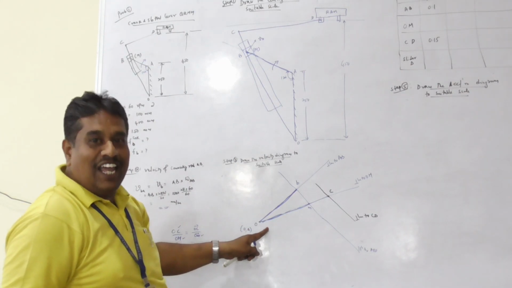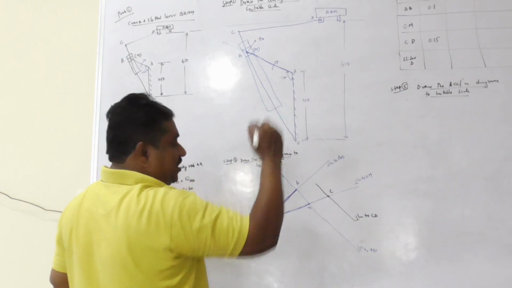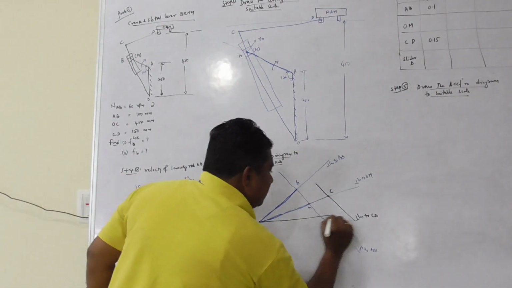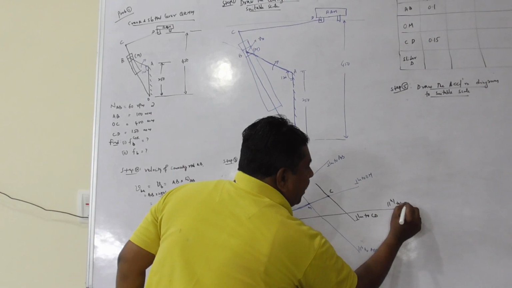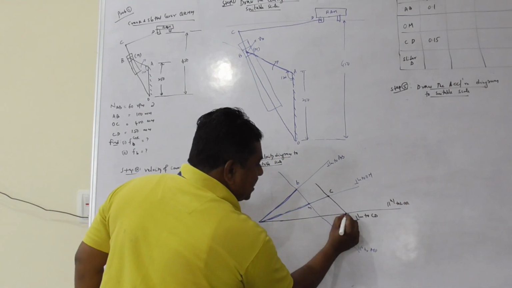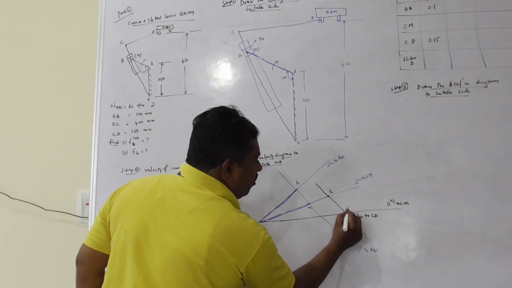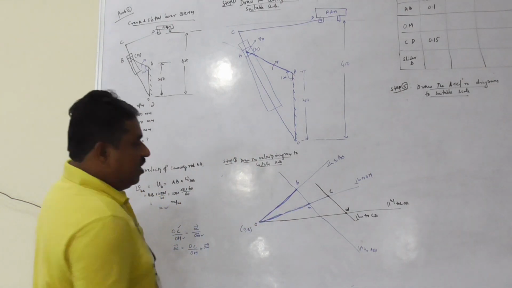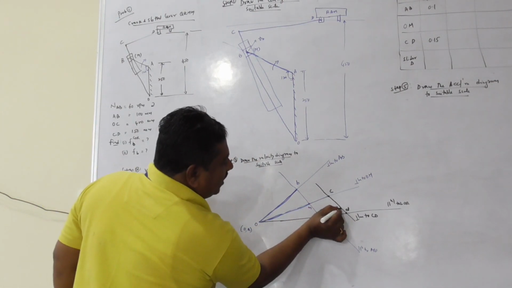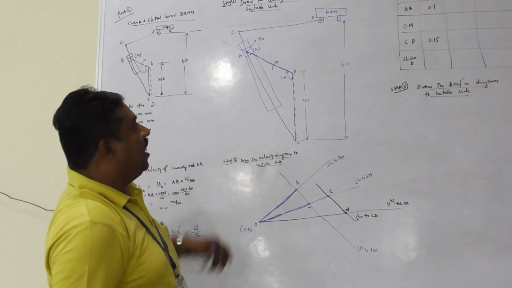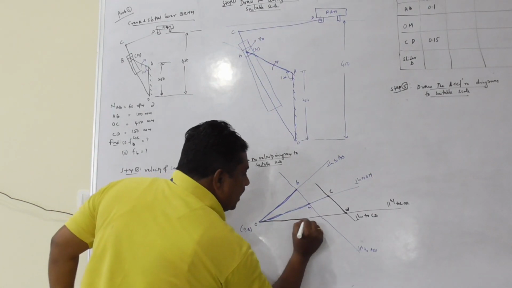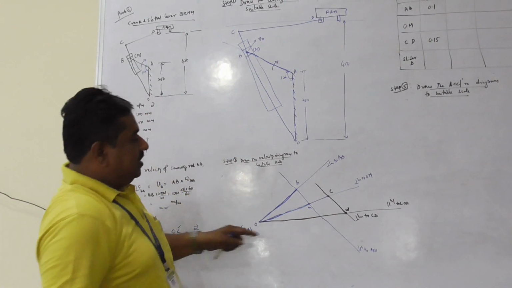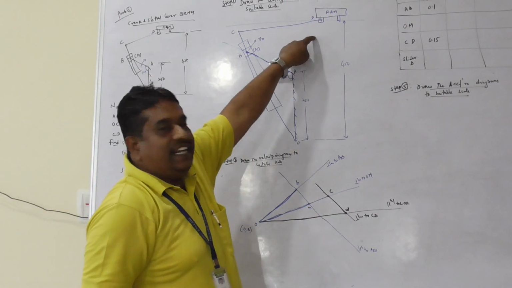Through the pole, draw a line parallel to the line of reciprocation. These two intersect at this point. Here I am going to get point D. Vector CD represents the velocity image of link tube. Vector OD represents the velocity of slider D.